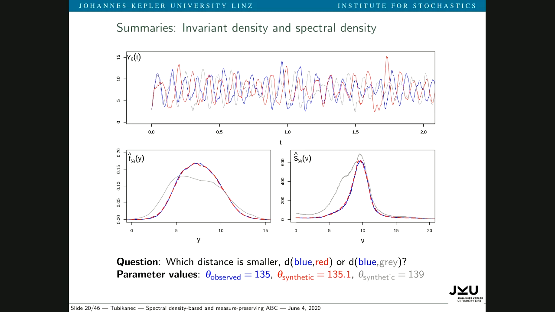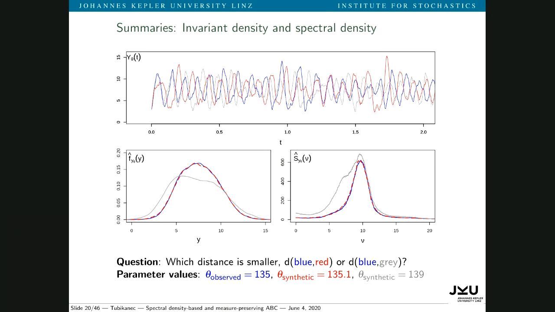So in some sense, by doing this kind of data mapping, the data gets less sensitive to the intrinsic stochasticity of the model, also because both the density and the spectral density are deterministic functions of the parameters. Only data sets which were generated under the same or very similar values of theta are mapped to almost the same objects, and these objects react very sensitively to changes in theta.